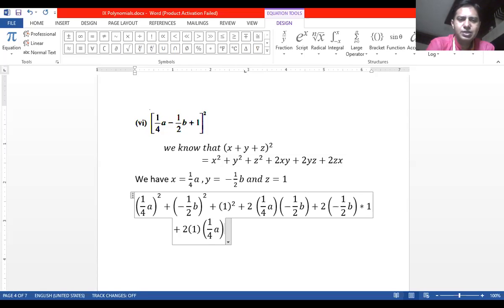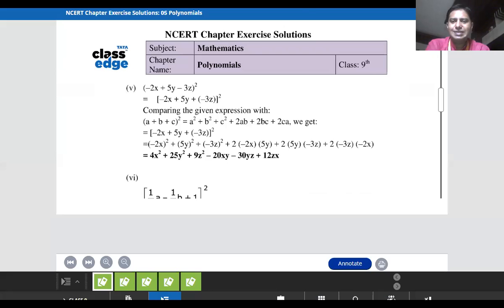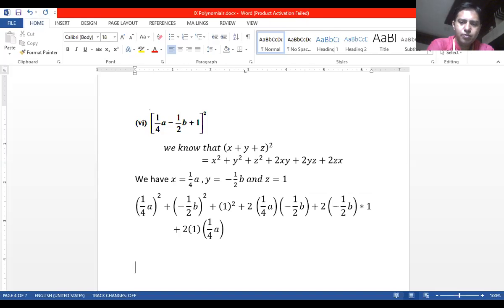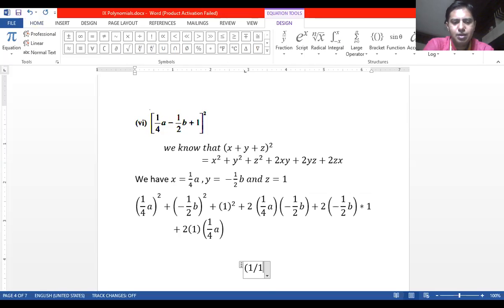So the first one is 1 by 4a whole square. While solving this we will get 1 by 16a square, plus 1 by 4b square, plus 1.